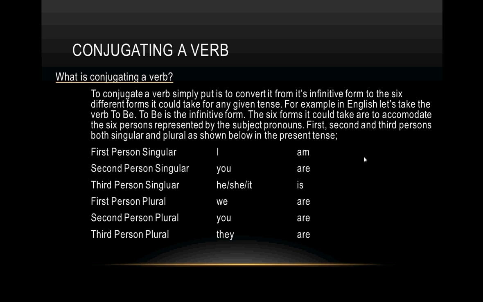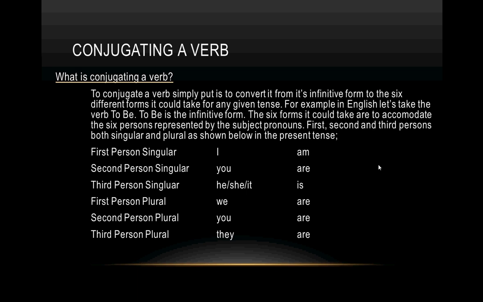So here we have the verb to be. First person singular, which is I. Second person singular, which is you. Third person singular, he, she, it, etc. So we don't say I to be. Doesn't make any sense. We conjugate the verb so it becomes useful for that pronoun or that person.